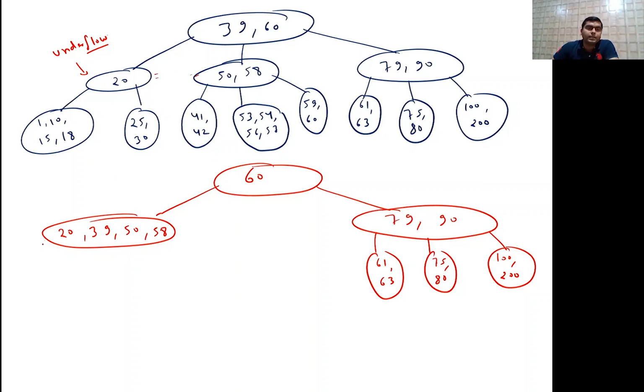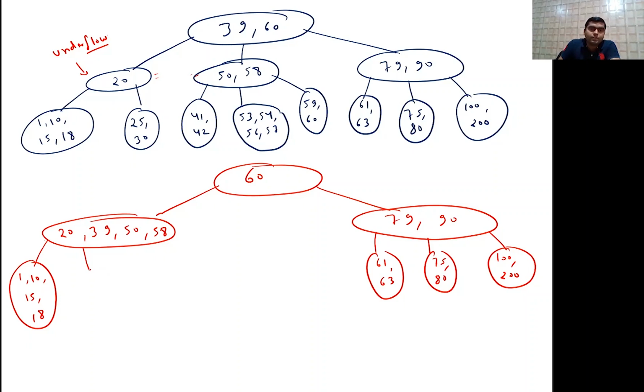Now on the left what remains: 1, 10, 15 and 18, and in between 25 and 30.